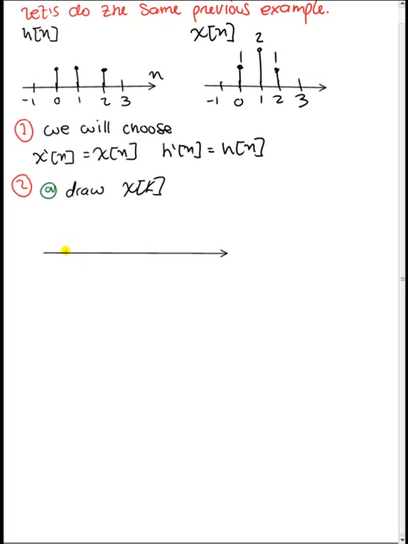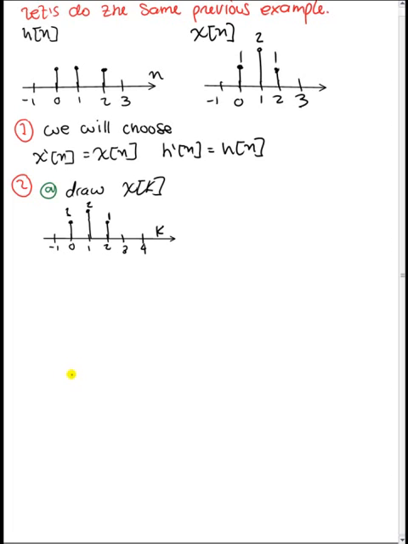So you're gonna have negative 1, 0, 1, 2, 3, 4, and you're gonna have 1, 2, 1. Now the index is k. Alright, so there you go for x of k.